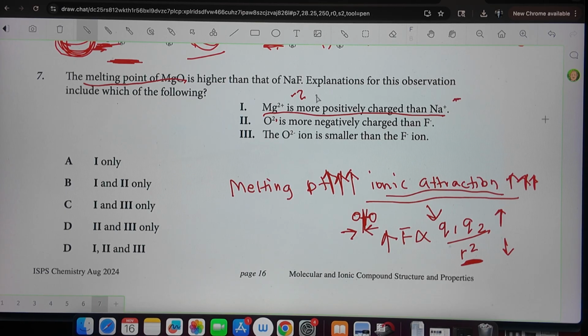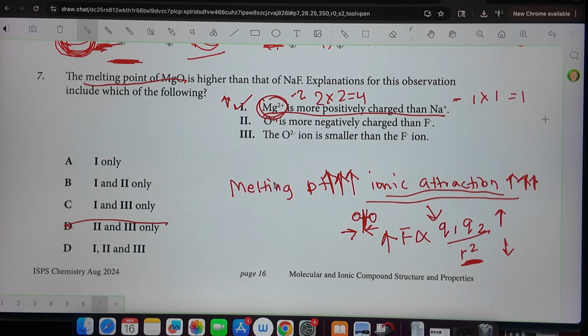So 2 times 2, and we did this before, is 4, and 1 times 1 is 1. So this would be an explanation for why the melting point is so high. So I'm putting a check mark for 1. Any answer that doesn't have 1 is automatically wrong. I don't know why this says D twice.